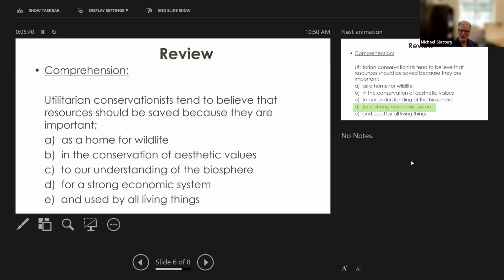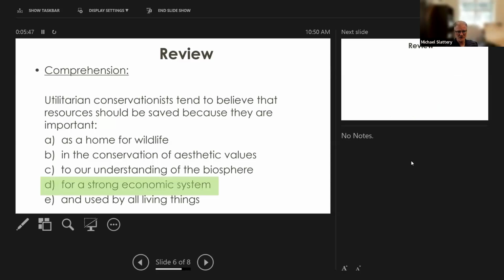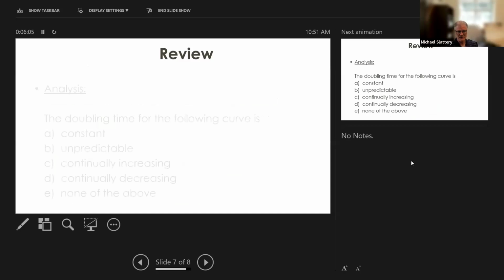Remember, that was the ethos of the Roosevelt administration, right? Pragmatic utilitarian conservation. And that was resources should be used, conserved, but they should be used for the greater good for people here and now to build furniture and build homes. In other words, underpin a strong economic system. Nothing else here would be relevant.